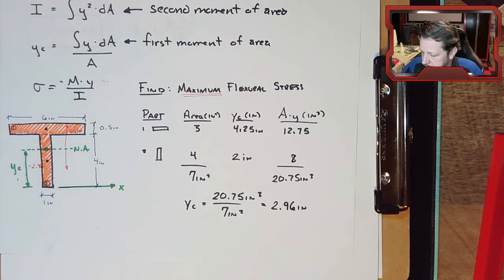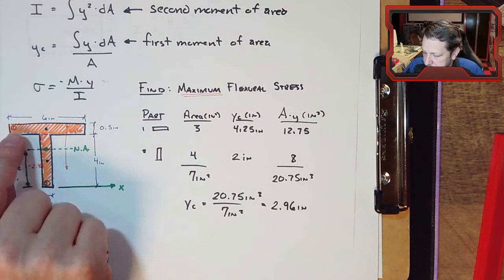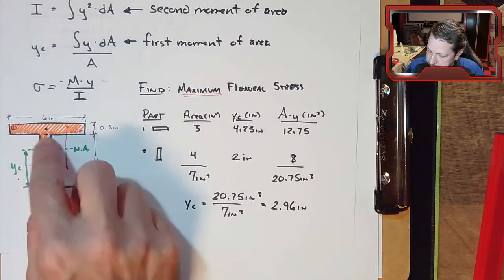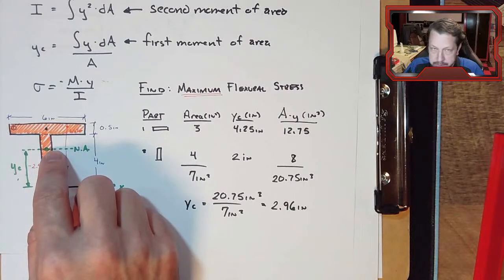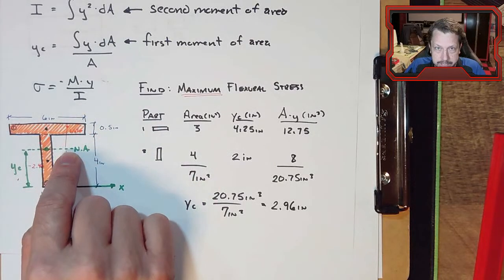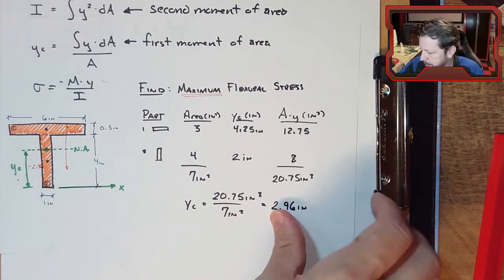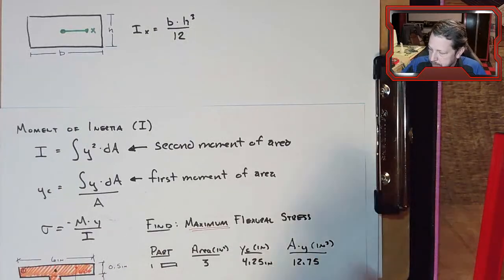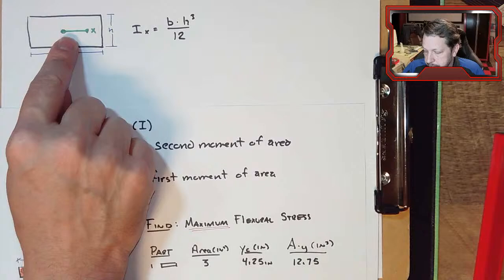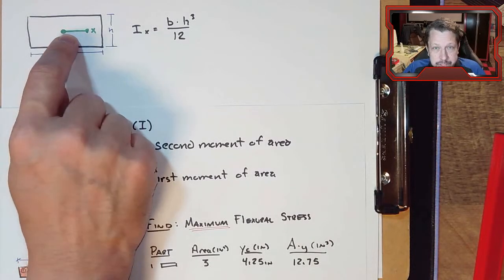We want to calculate the moment of inertia for the flange about the neutral axis and the moment of inertia of the stem about the neutral axis, and add those together, so that would give us the moment of inertia of the T about the neutral axis. What we have here, this equation gives us the moment of inertia of a rectangle about its own centroid.